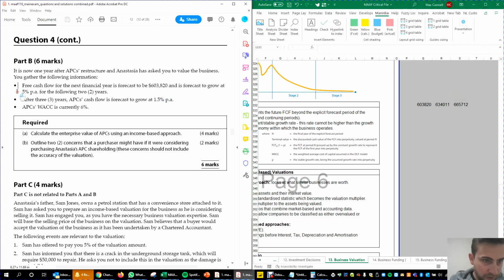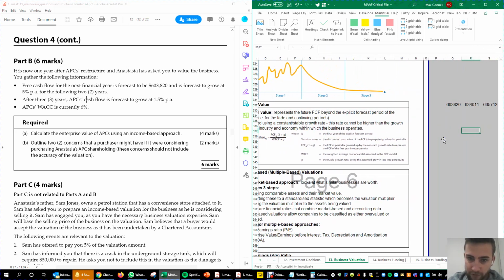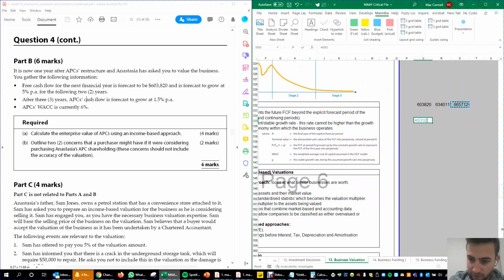Okay. After year 3, it's going to go at 1.5% into perpetuity. Okay, so we're going to plug this number in the formula now. We're going to add the growth rate of 1.5%. So let's have a look. So the formula is equal to the free cash flow. So that's going to be equal to that number there.